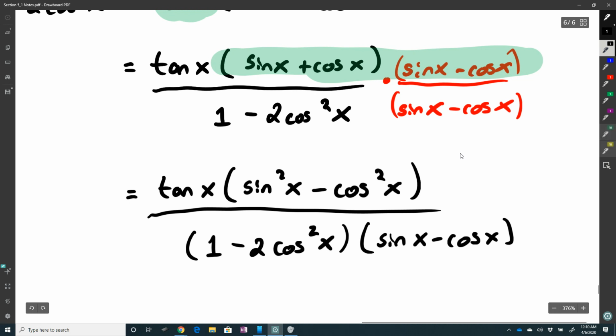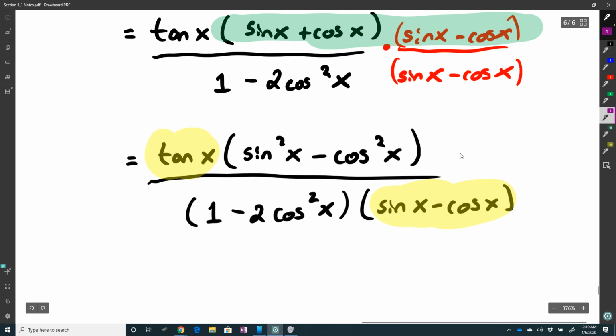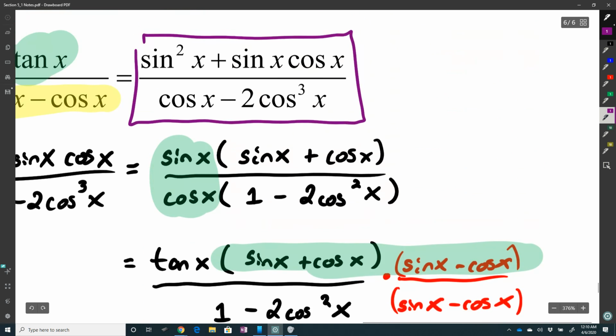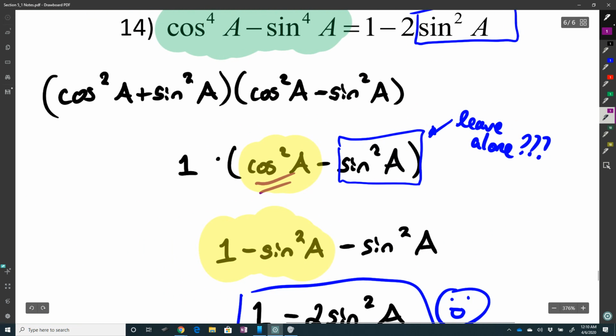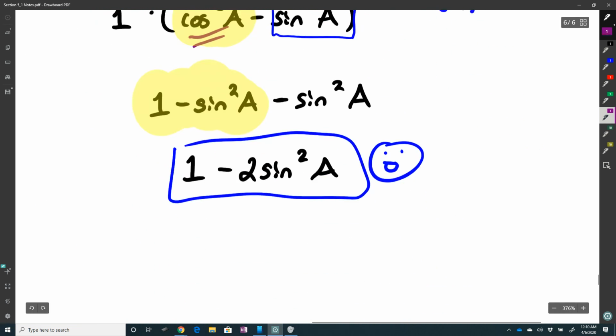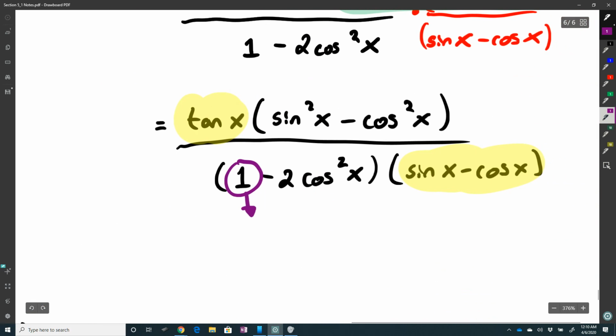And so my answer is kind of there. I just have to get rid of things. And this is where we're going to do a rule backwards, again taking from what we learned up here. But I'm going backwards.